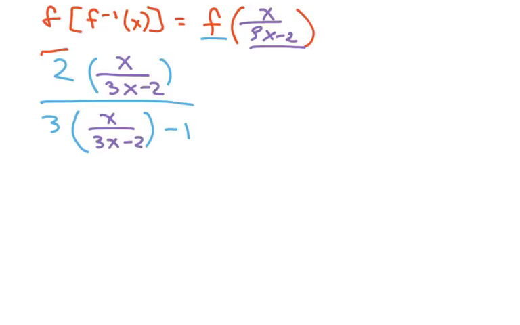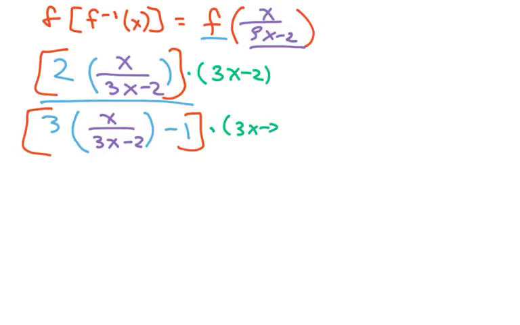Then we do a little algebra trick and clear the fractions by multiplying by the denominator 3x minus 2. What happens here in the numerator, these two cancel and you're just left with 2x.